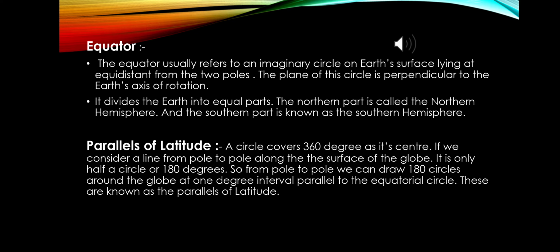So from pole to pole we can draw 180 circles around the globe at 1 degree interval. From 0 to the North Pole is 90 and 0 to the South Pole is 90. So in total 180 degree we can draw the circles. Okay, these are known as the parallels of latitude.